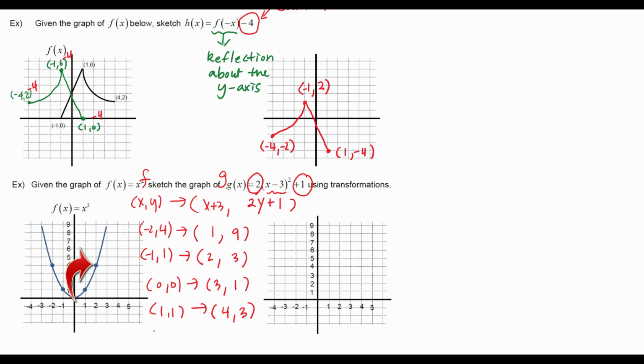Lastly, 2 comma 4 will go to 2 plus 3 is 5 comma 4 times 2 plus 1 is 9. So now I have 1 comma 9, 2 comma 3, 3 comma 1, 4 comma 3, and 5 comma 9. And here is my g of x.